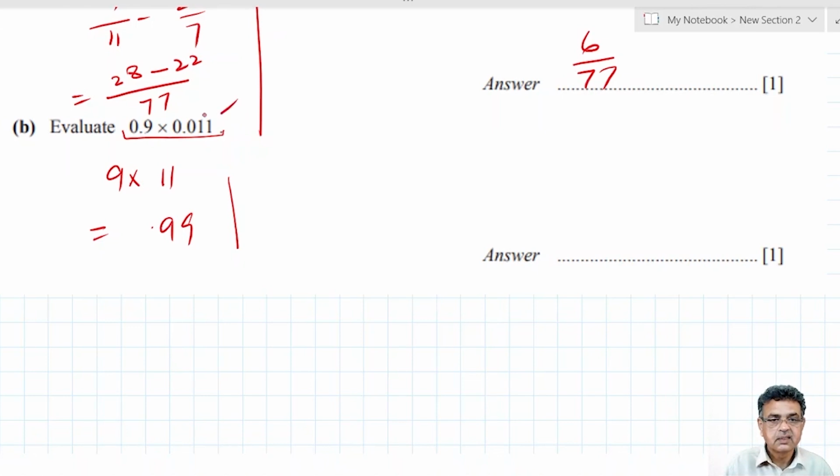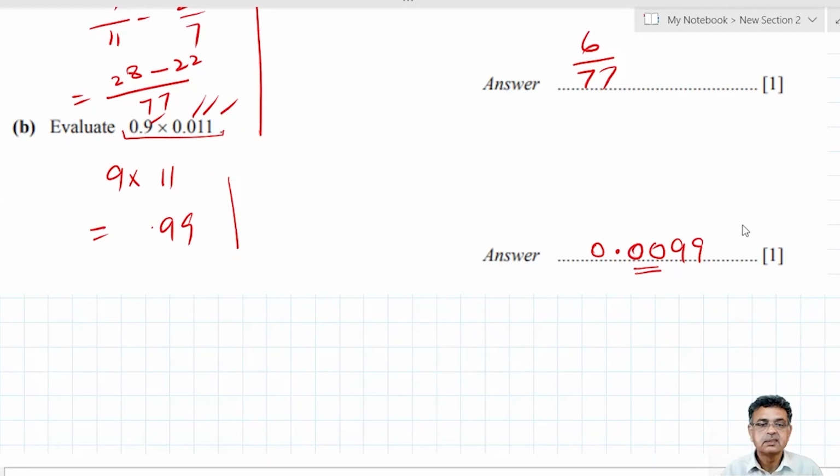There are 3 decimal places in this number and 1 in this one. Altogether, there are 4 decimal places. So the answer will have 4 decimal places. The product of 11 and 9 is 99. To complete 4 decimal places, we need to put 2 more zeros as placeholders.